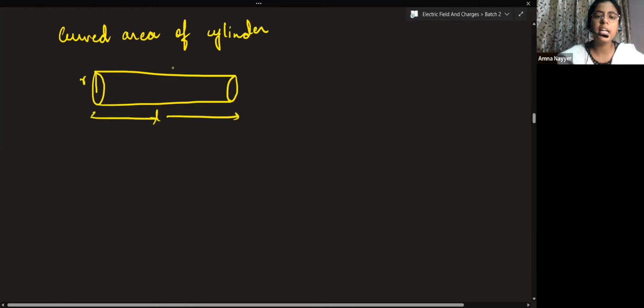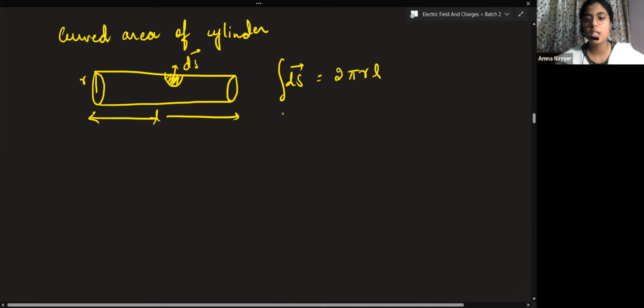Then you take a very small surface area, this is ds that we consider. In this case, ds will be 2 pi rl. Pi r square l is the volume. When you are considering the surface area, you have to take 2 pi rl. This is the surface area for just the curved part, the curved surface area, not the total surface area.